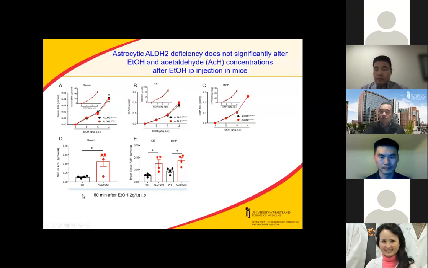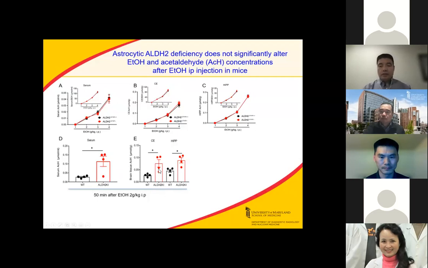And this one just shows the different subtype brain tissue, with alcohol and acetaldehyde, that shows the wild type is significantly lower than the knockout model. That means this acetaldehyde cannot be further metabolized by this enzyme.